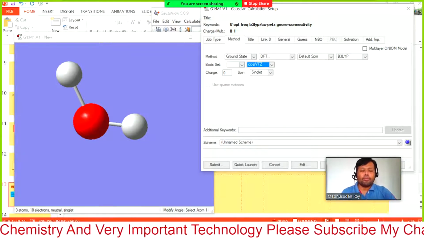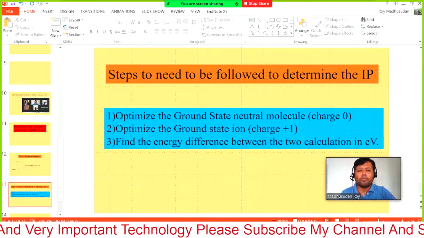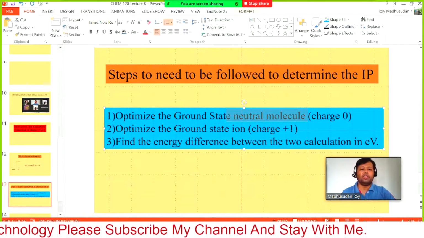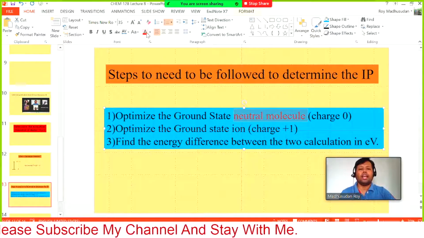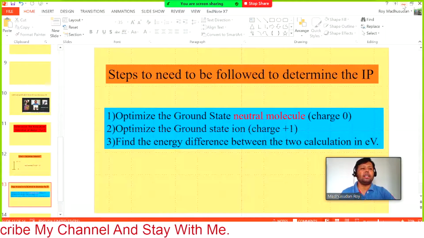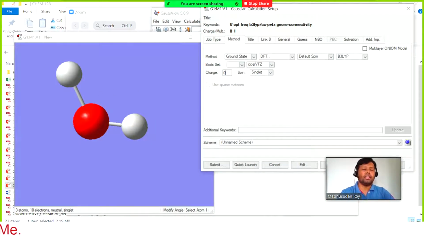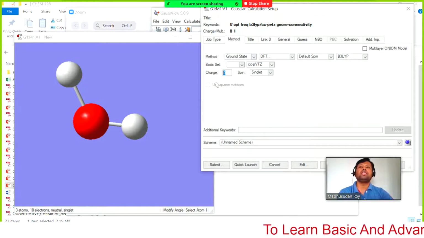First, as I have mentioned, we need to find the optimized ground state structure for the neutral molecule. That means we need to consider the charge, whether the molecule is neutral or an ion. So we need the structure for this molecule as neutral.